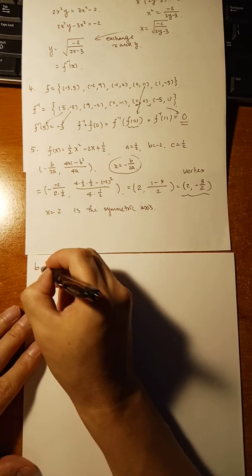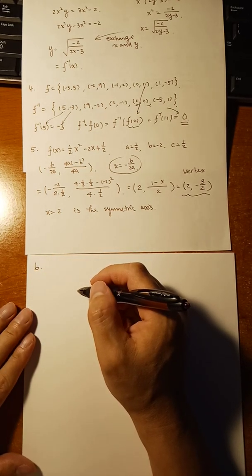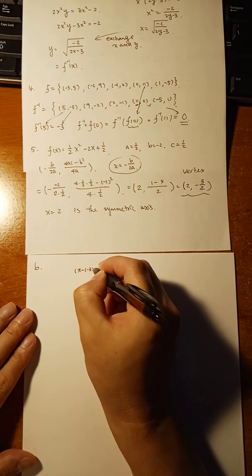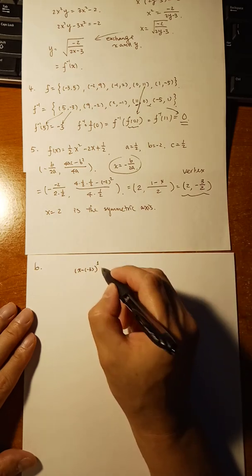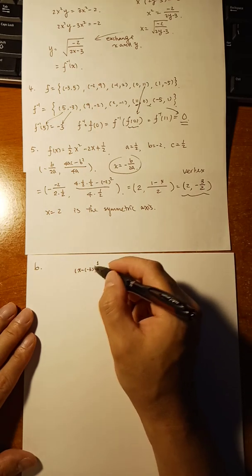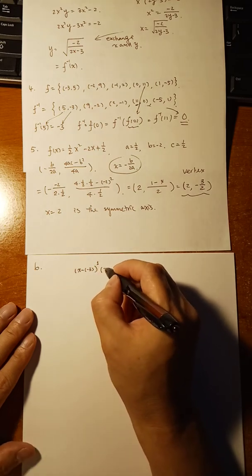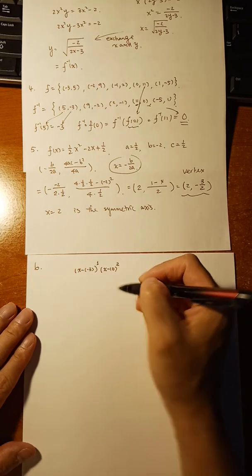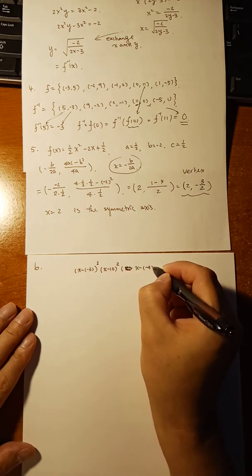Problem 6. We're trying to form a polynomial with required conditions. So it has zeros, negative 3, so x minus negative 3. Whenever you see a zero, it's x minus it. Multiplicity 1 means you're going to put 1 here. Usually you can ignore it, but let's just put it here. And the second zero is 10, so it's x minus 10. Multiplicity is 2, so you put 2 here. And the third zero is negative 4, so x minus negative 4.